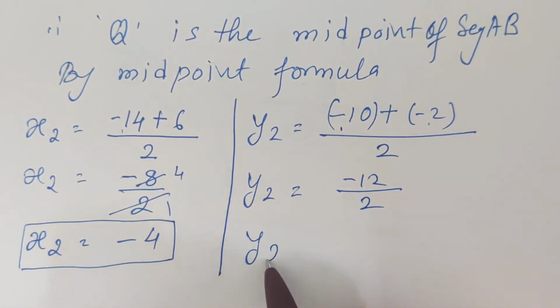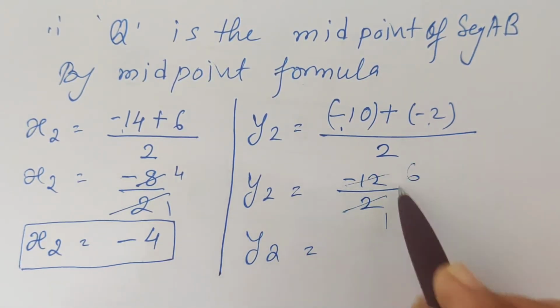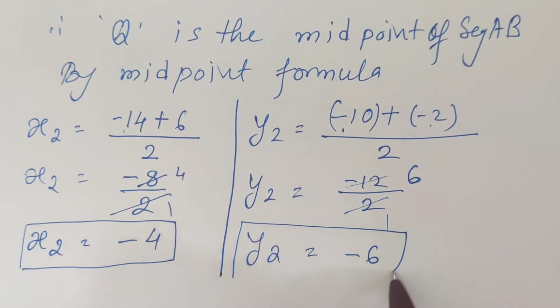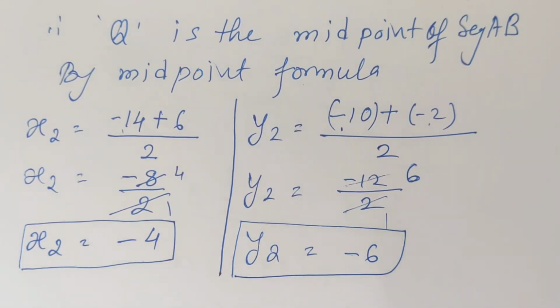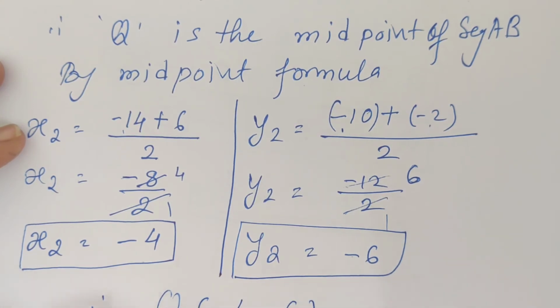And so y2 is equal to minus 6, since 2 sixes are 12. So y2 is equal to minus 6. This way Q's coordinates are minus 4 and minus 6. So you can highlight Q's coordinates are minus 4 and minus 6.